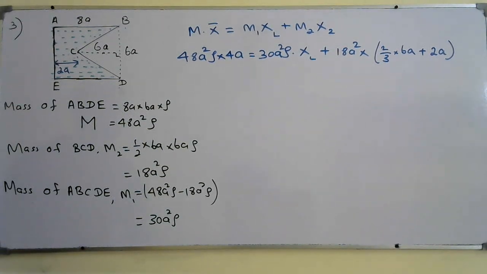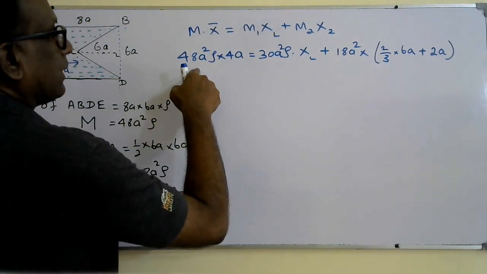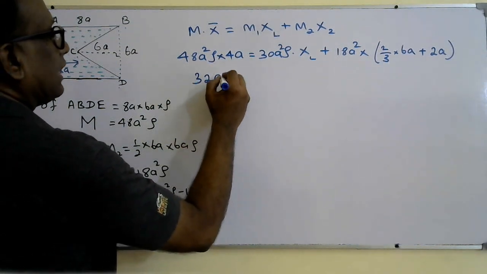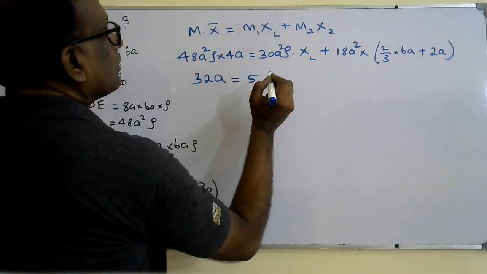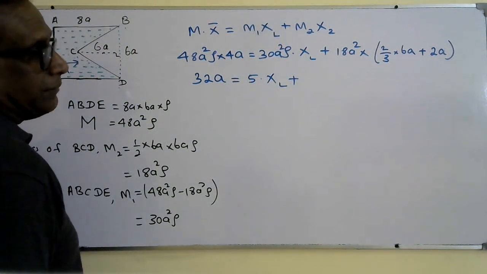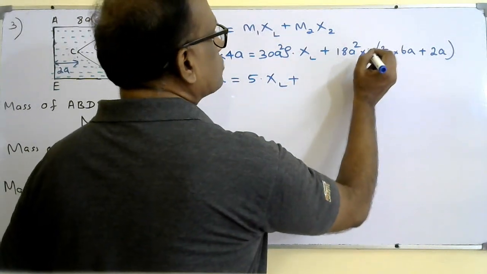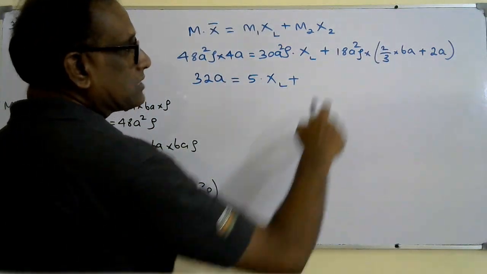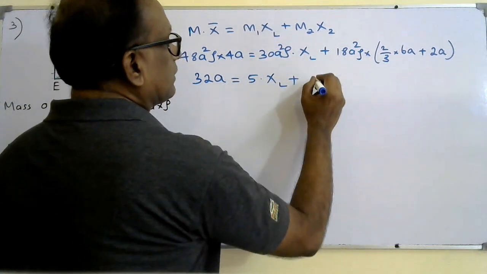First we'll divide by 6a squared rho. So this is going to be 8 into 4, 32a, rho will get cancelled, is equal to 5 times XL plus, I'm dividing by 6a squared rho, so that is going to be 3 into 4a, so 12a.